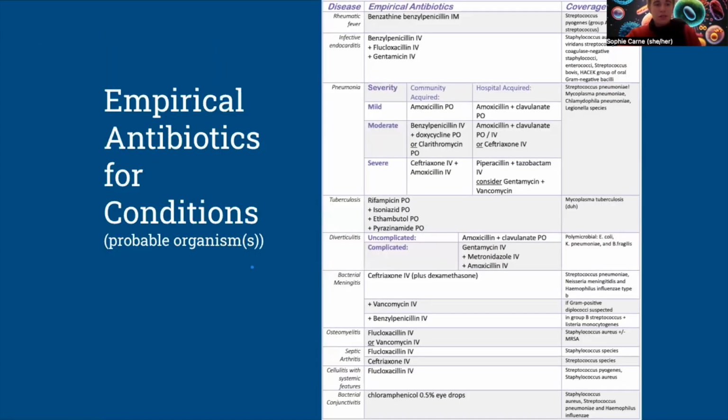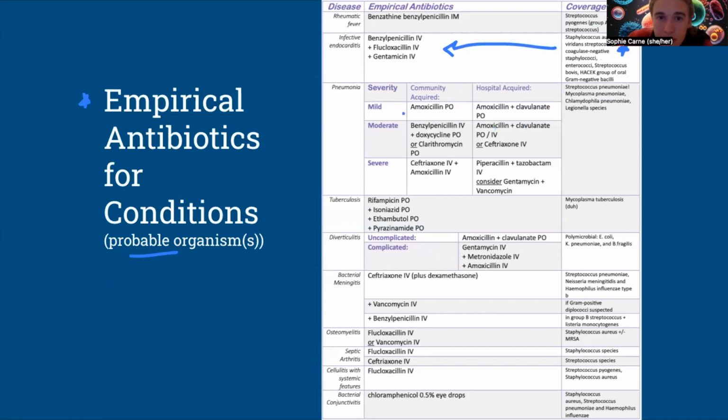Sometimes you haven't identified the organism as yet, but you know what condition your patient has, and so you can treat them empirically based on the probable causative organism for their presentation. So, for example, infective endocarditis could be caused by lots of different organisms, and so we treat with benzyl penicillin, fluclox, and gent to cover all of these organisms.